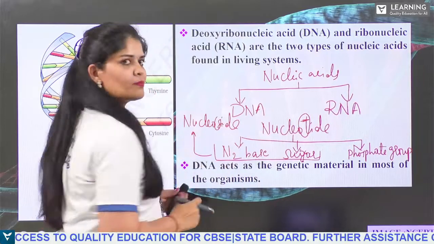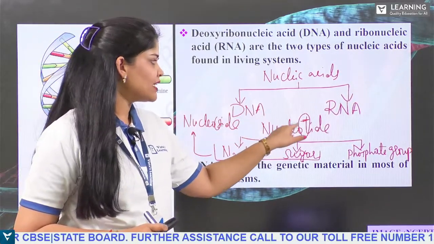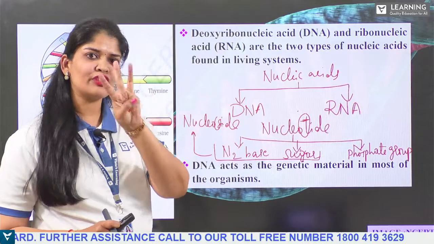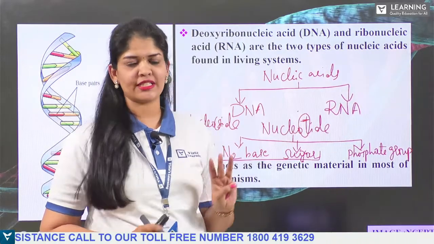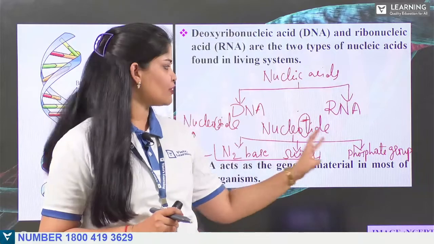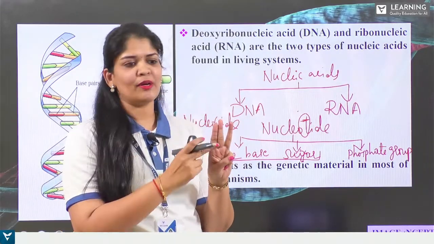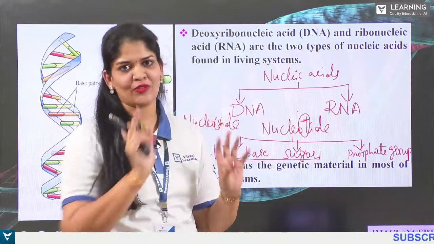S for sugar plus nitrogen base. Nucleotide: tide, T for 3. That means it consists of three components: nitrogen base, sugar, and finally phosphate group. So we can say that nucleotide is nothing but nucleoside plus phosphate group.